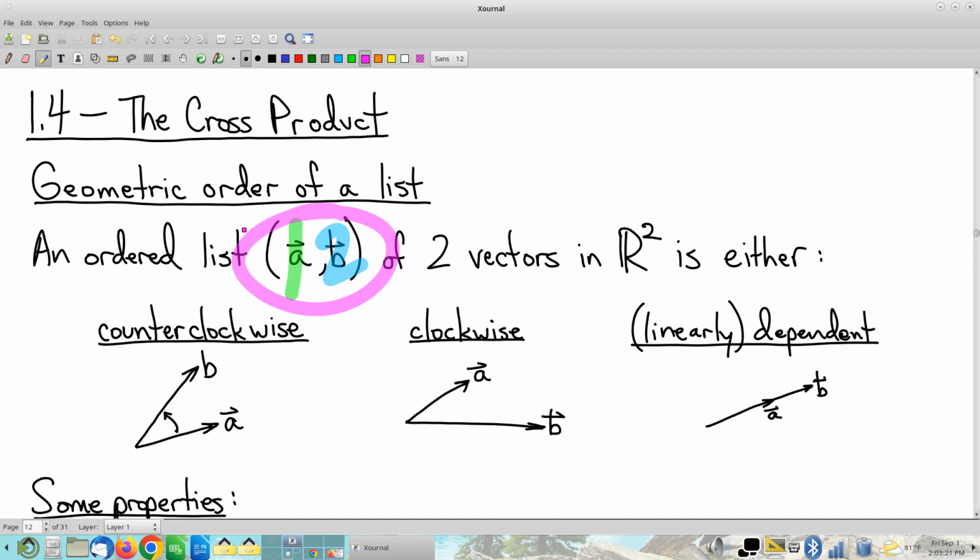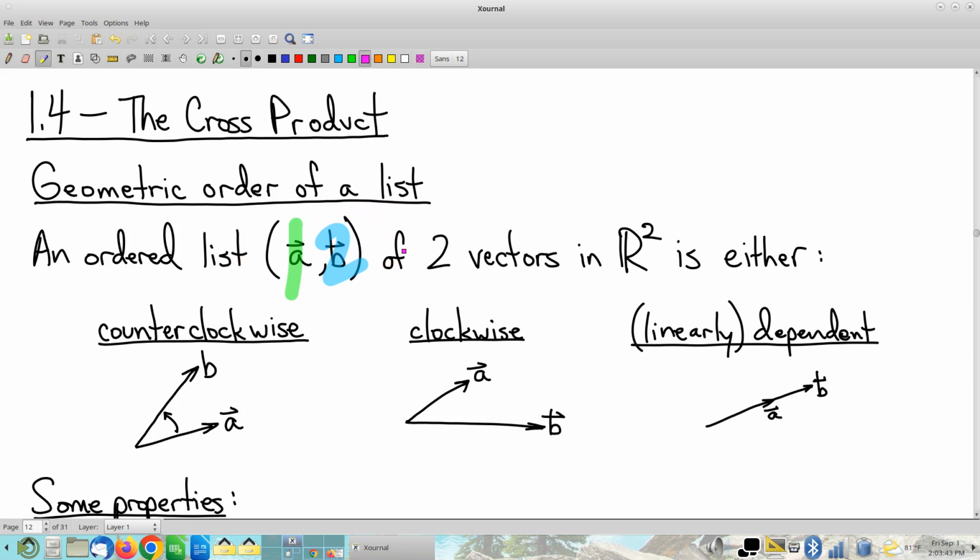Is there anything intrinsically geometric about this order? Now, there's different ways that you can answer that question, most of which end up being not that interesting. For reasons that will become clear in just a moment, there is one way to answer this question that actually is pretty doggone interesting. And so that's what I'm going to talk about here.